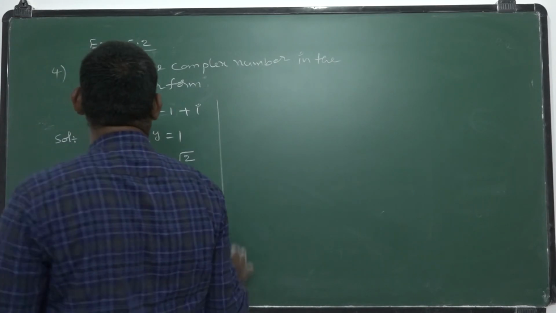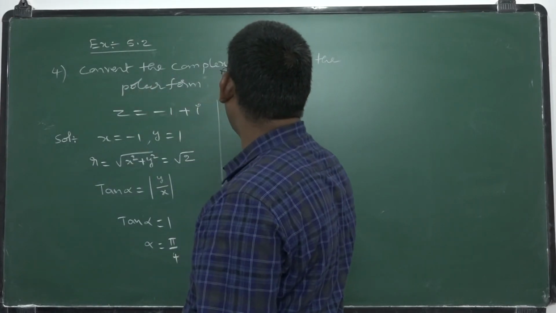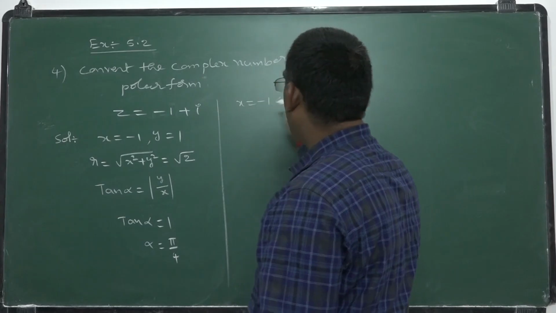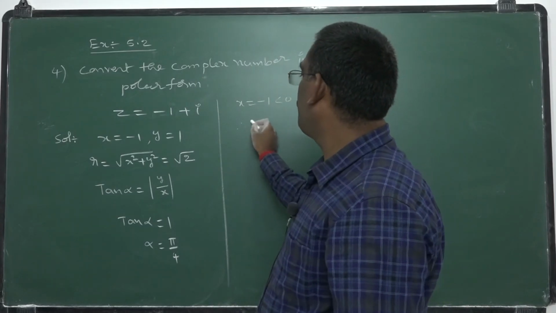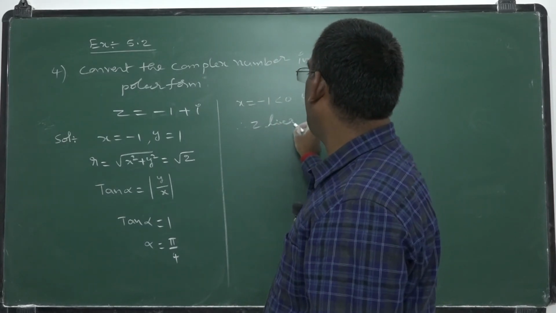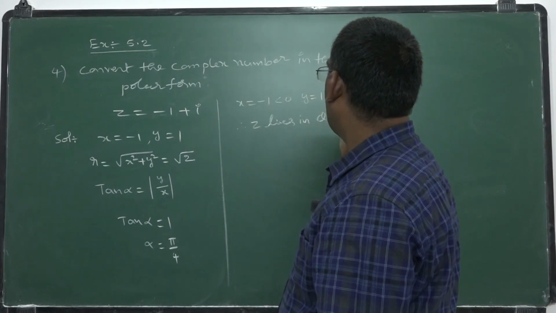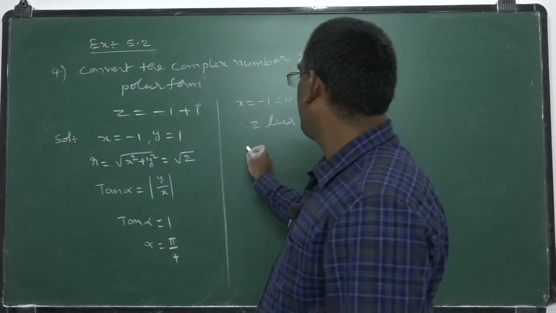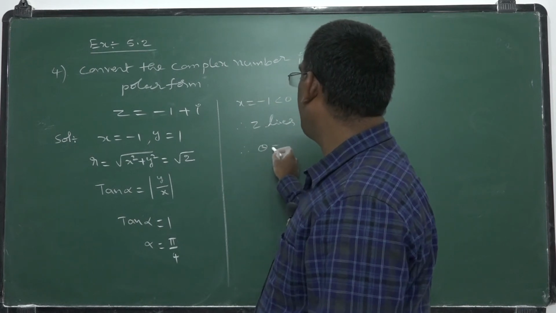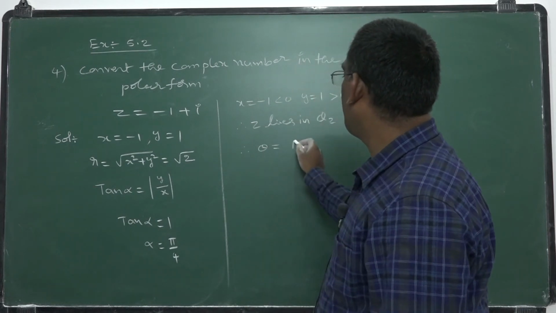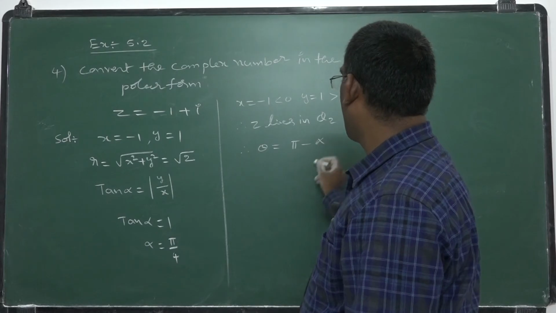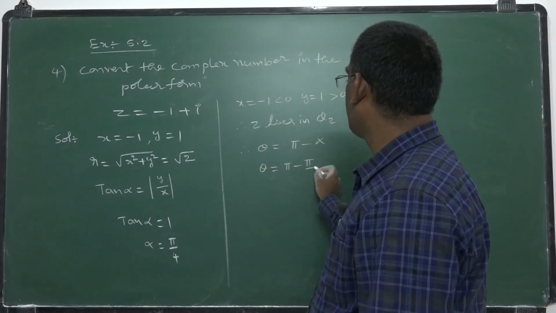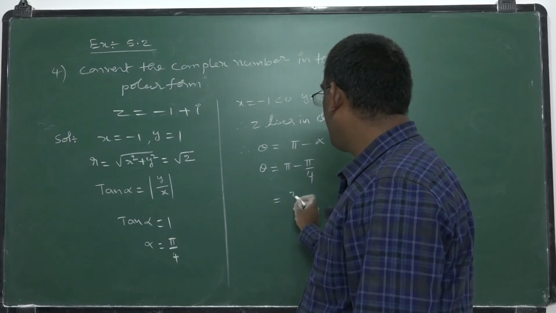Clearly x is negative and y is positive, therefore z lies in the second quadrant. So the principal argument theta will be equal to pi minus alpha. So theta equal to pi minus pi by 4, which is equal to 3 pi by 4.